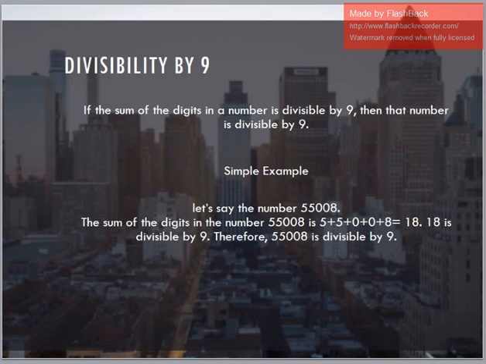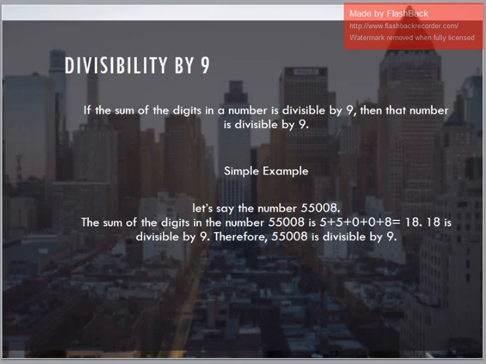Next is divisibility by 9. If the sum of the digits in a number is divisible by 9, then that number is divisible by 9. If you don't understand that, it says that when the sum of the digits of the given number is divisible by 9, then technically, it is divisible by 9. So, let's proceed to the example.